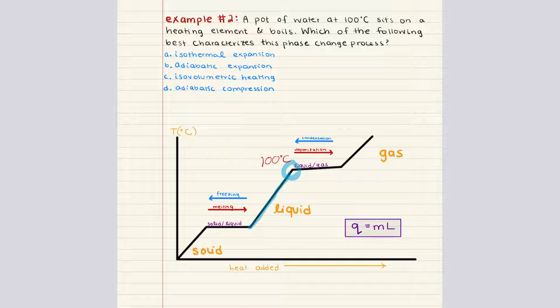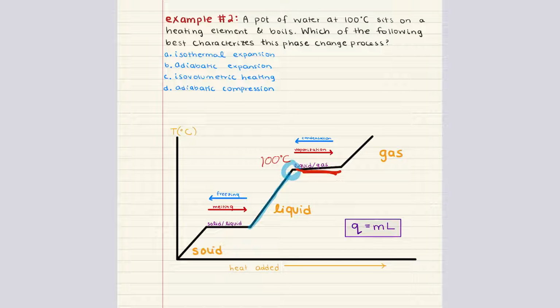Now, at this phase change point, the temperature remains constant despite continuous heat addition. And this is because that energy is used to change the phase of the substance rather than increasing its temperature. So let's keep that in mind as we look through the answer choices for this problem.